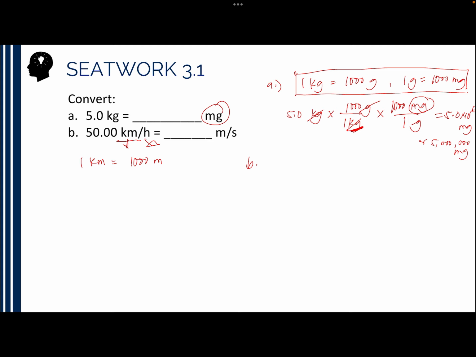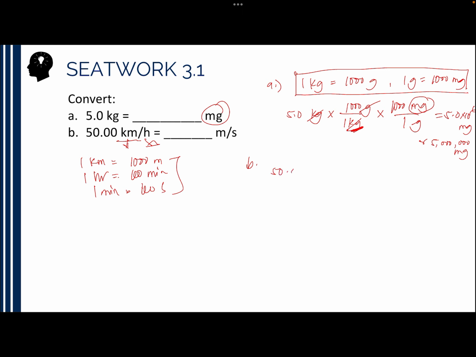Okay, and then 1 hour is equal to 60 minutes, and then 1 minute is 60 seconds. So using this information, we can now calculate the conversion.